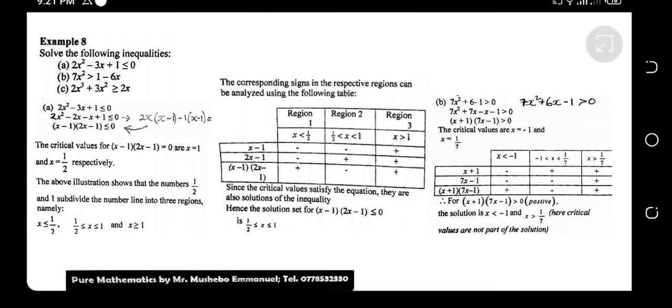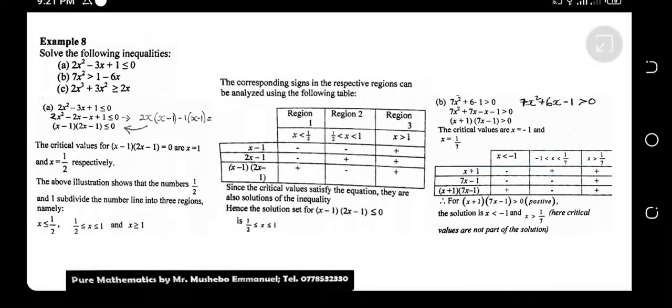Then after that, -1 is less than 1 out of 7. So meaning in our table, the range of x values, the first one is x less than -1. Then the next one is -1 less than x less than 1 out of 7.